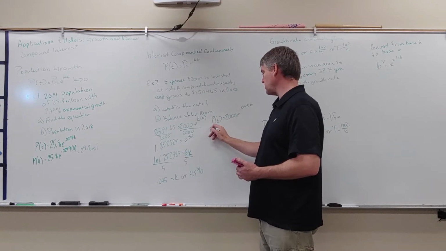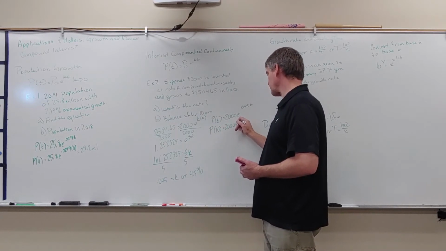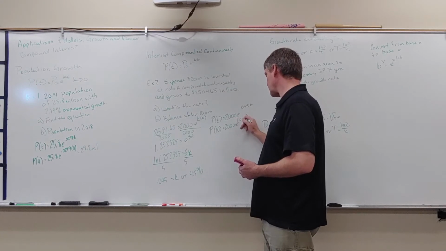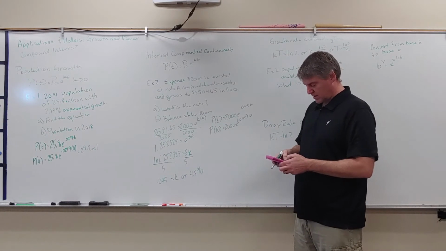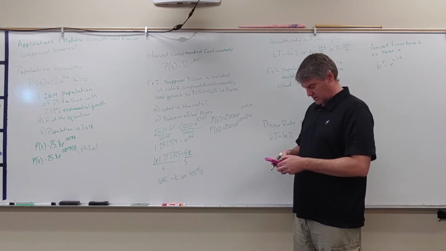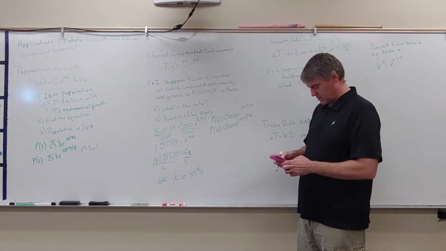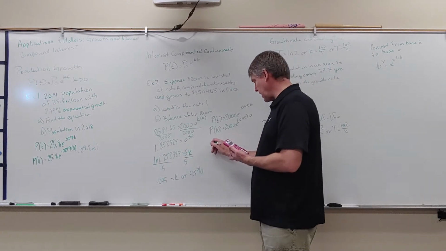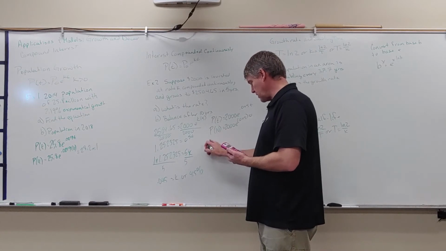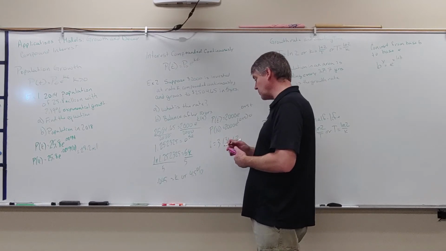And now it says, what is it going to be after 10 years? So now I'm going to plug 10 into this. Okay? And now I'm going to just work this with my calculator. Let's see here. e to the 0.045 times 10. And I get, after 10 years, we're going to have a value of $3,136.62.